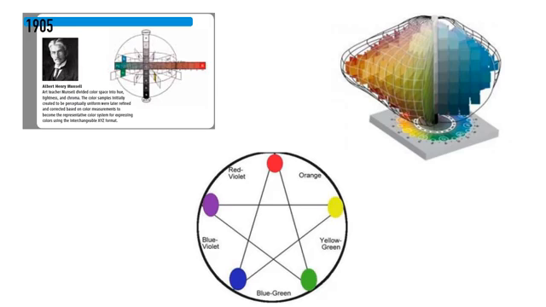Munsell began his color model with five basic hues: red, yellow, green, blue, and violet, and out of this, he created a 10-step color wheel.